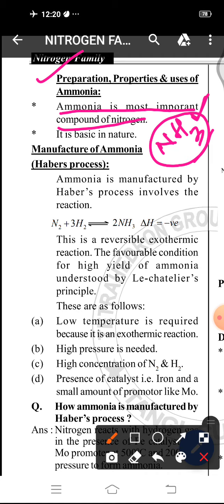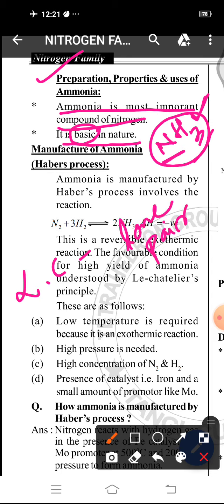From its formula we can know that it is an important compound of nitrogen, and it is basic in nature. Why is it called basic? Because according to the Lewis concept, a substance which can donate a lone pair of electrons is known as a base.